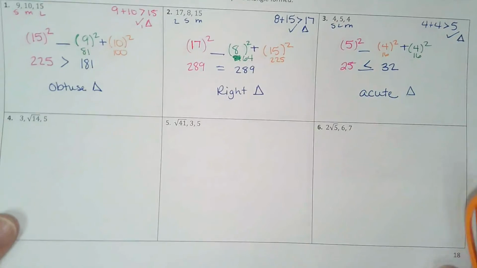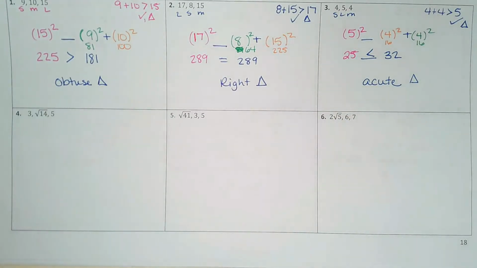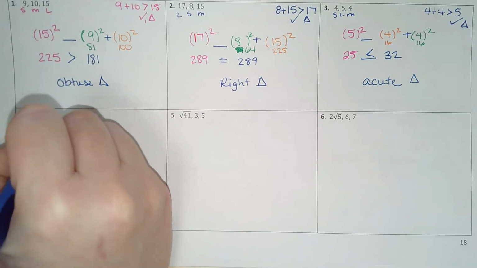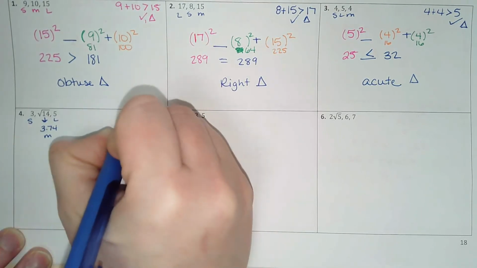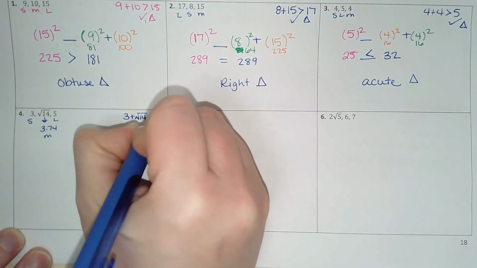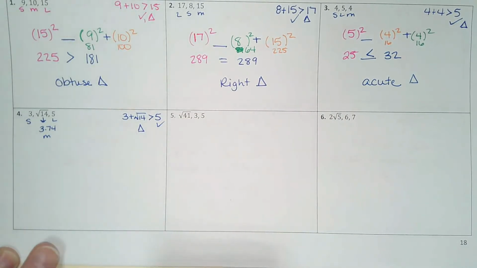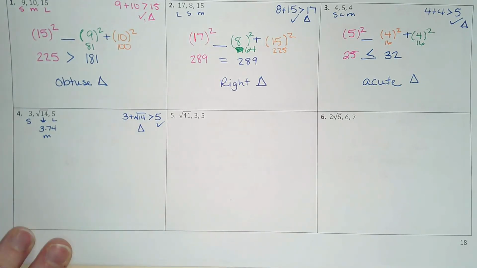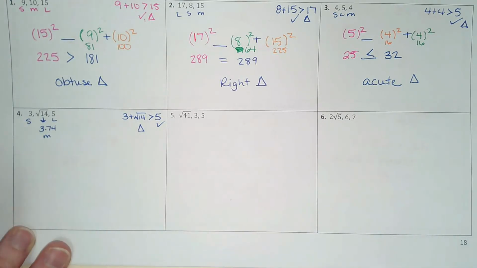Now with numerical values, I need to see what the square root of 14 is, decimal-wise. This is 3.74, so small, medium, large. So 3 plus the square root of 14, is that greater than 5? That's true, so I have a triangle. So then we're going to go, 5 is the largest side.